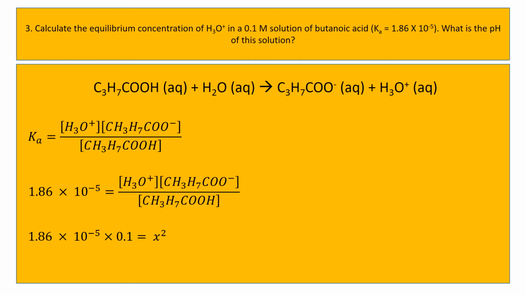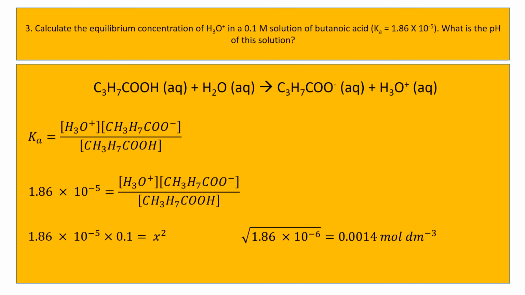And we know that the concentrations of H3O plus and CH3H7COO minus are the same because one proton donation event yields one H3O plus, so that's equal to x squared, where x is our unknown value.